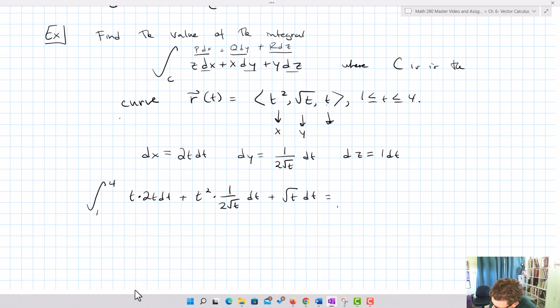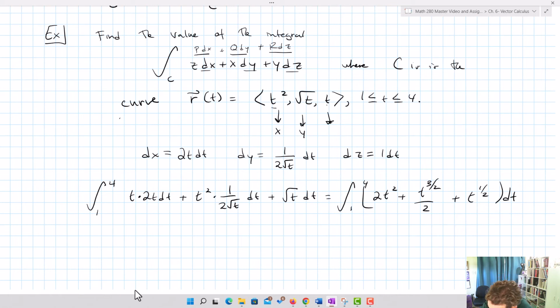Put them all together, we're going to get the integral from 1 to 4 of 2t squared plus t to the 3 halves over 2 plus t to the 1 half, all of that dt. Go in, integrate, and you've got the value of your line integral.